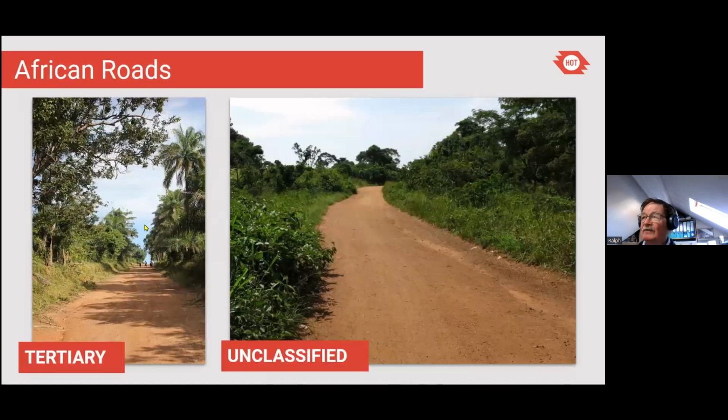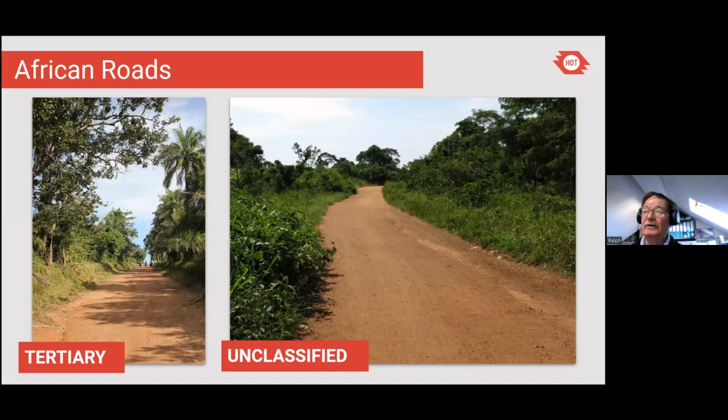Right, let's have a look at roads. Here we've got 2 roads. This is a tertiary on the left and an unclassified on the right. They look identical, but that is because they are identical as far as you actually looking at them or driving along them is concerned. What is important is what they link to.